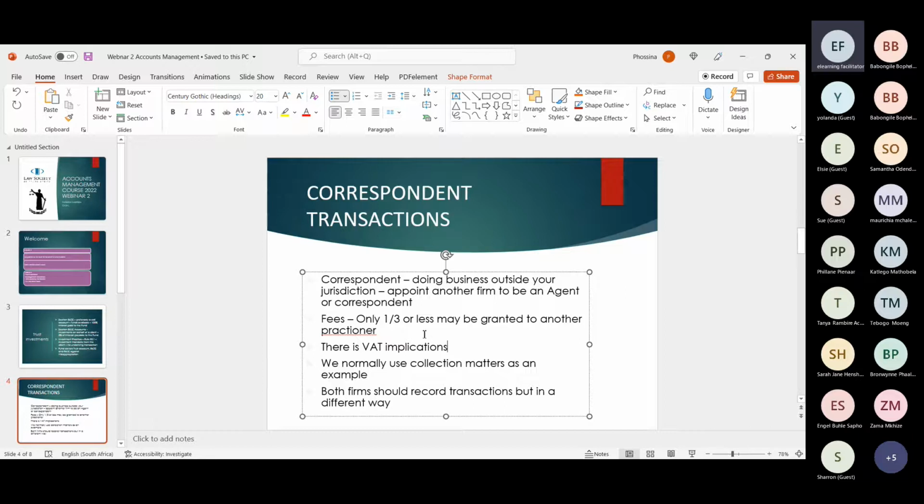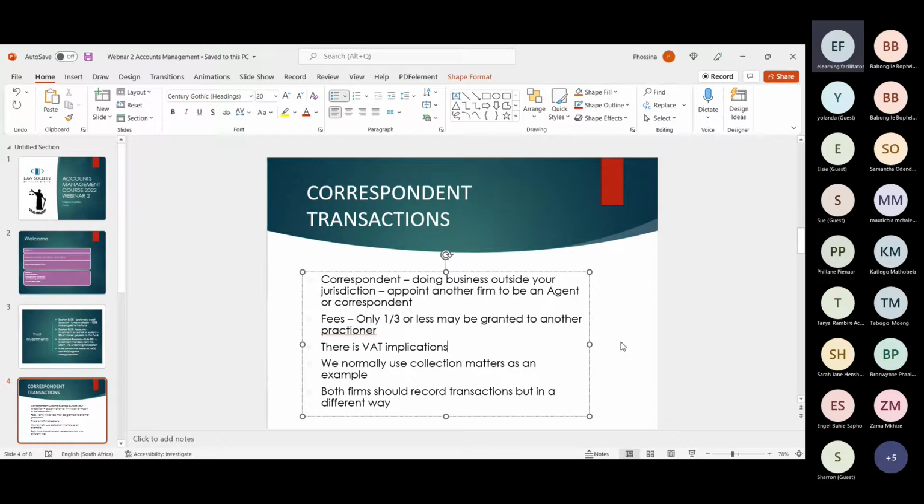So the firm that is executing the mandate, the one that is going to do the matter, follow up with the client and attend to the client, collects 2/3 of whatever they have charged, and 1/3 goes to the firm that has instructed them. The other thing we should note is that there will be some VAT implications.